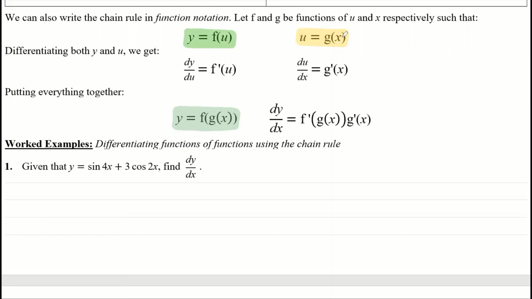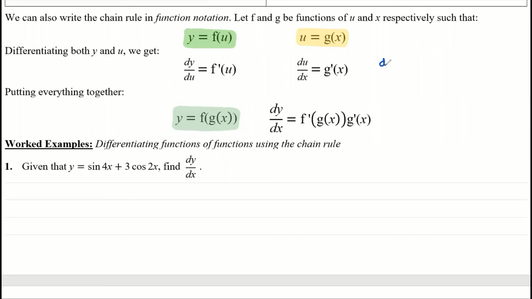There's no difference between what we've just been talking about and what's on the screen in front of you. So we can now differentiate with respect to u on the left-hand side and with respect to x on the right-hand side. And we just use the derivative notation for functions, so it's f dash and g dash. And then when you put it all together, as you can see, I'll just do that step for you.